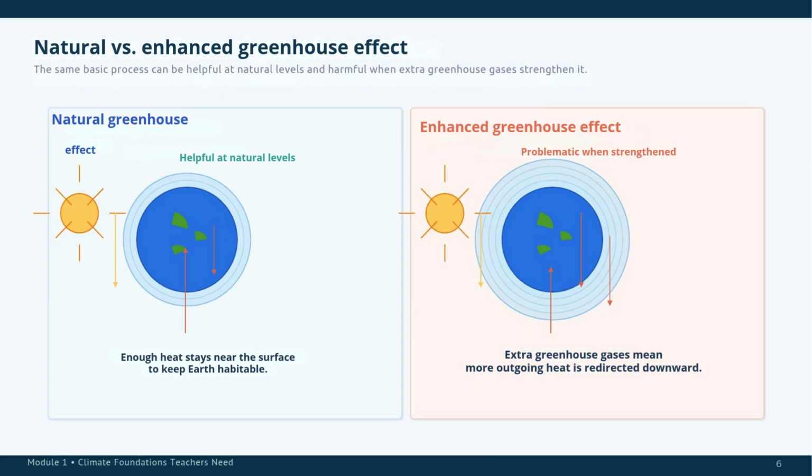When we talk about these greenhouse gases, we do need to separate the two ideas of the greenhouse effect. We have the natural greenhouse effect, which is just a normal process, just like we have the water cycle, and the enhanced greenhouse effect. The natural greenhouse effect is helpful.